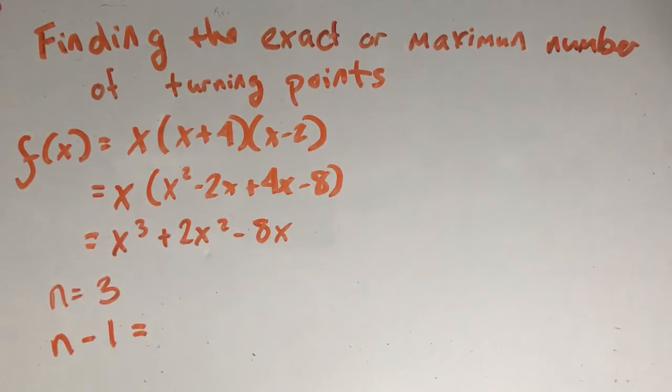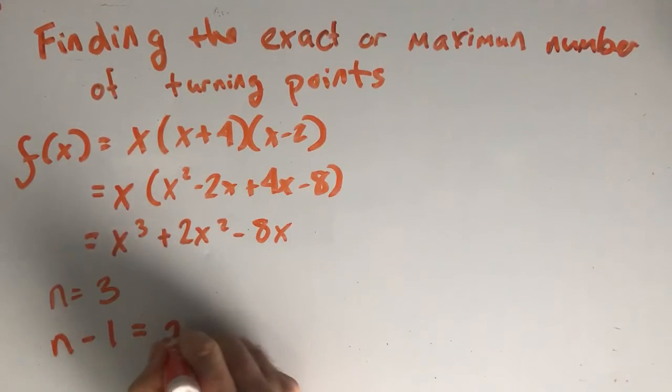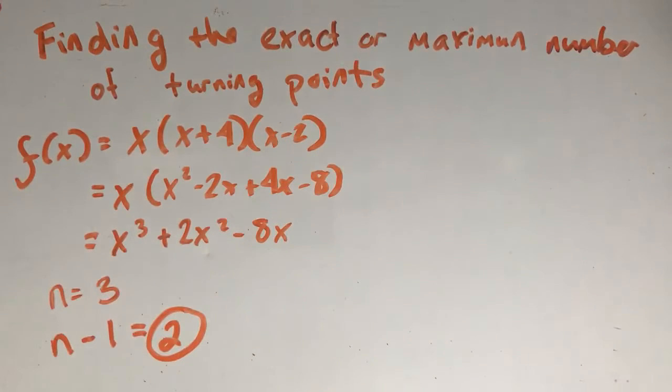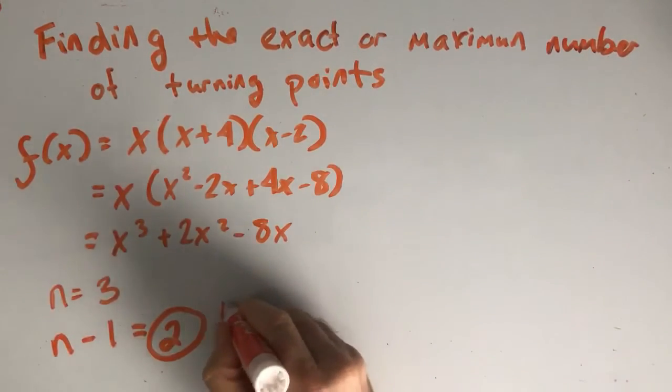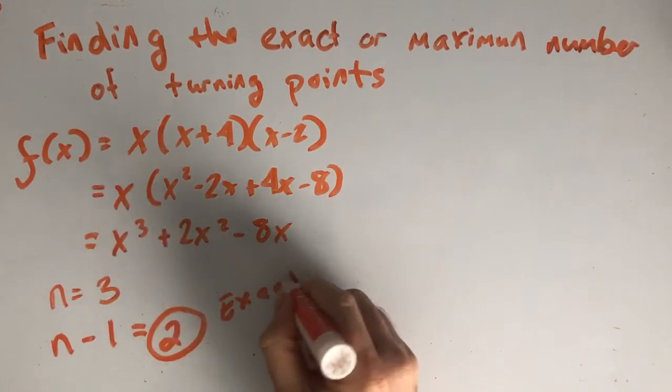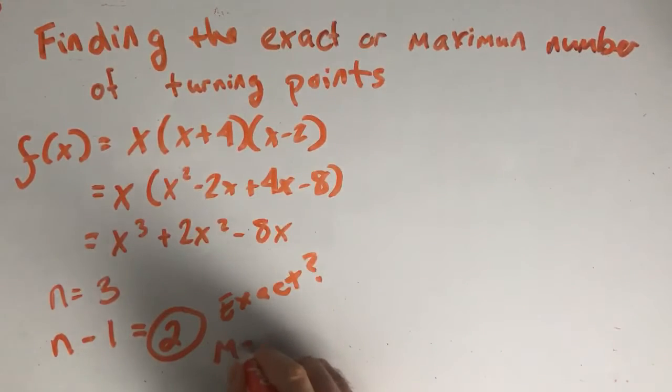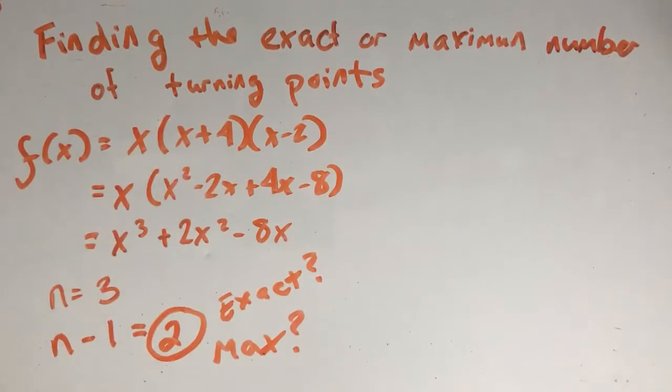So the number of turning points is either a maximum or exactly 2. Okay, so I need to determine, is this exact or is this a maximum? So is it exact or is it a maximum of 2?